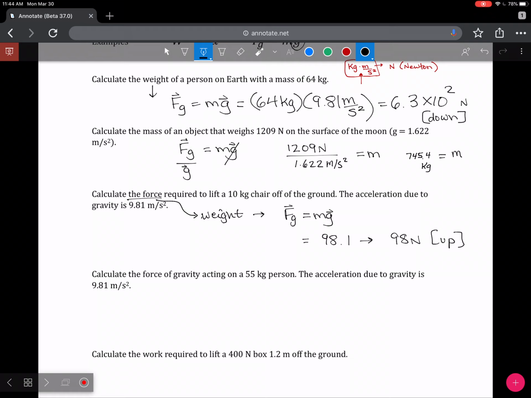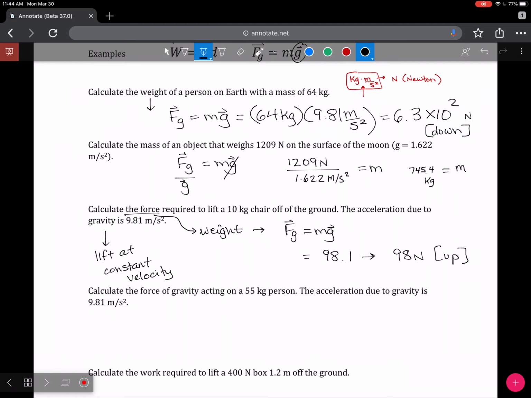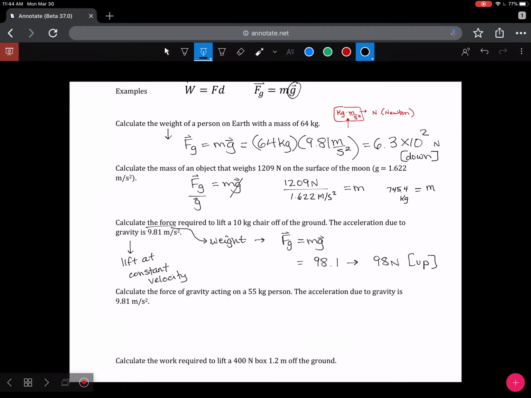And so the force required to lift the 10-kilogram chair, you would have to lift it at a constant velocity so that there's no acceleration and the forces are balanced, equal and opposite. So that force up, you'd have to lift at a constant velocity equal to its weight.